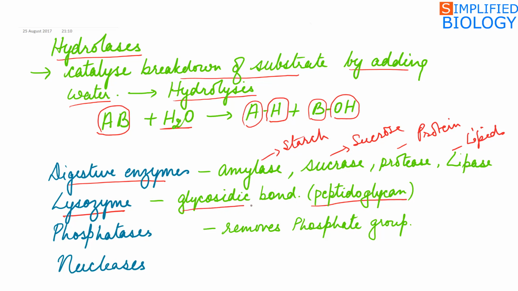It breaks the glycosidic bond formed between N-acetylglucosamine and N-acetylmuramic acid. Phosphatases, they remove the phosphate group, while nucleases, they break down nucleic acids.